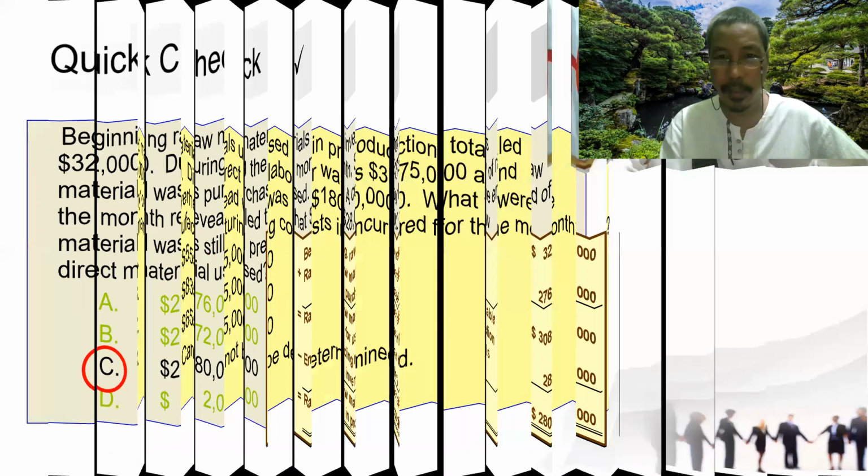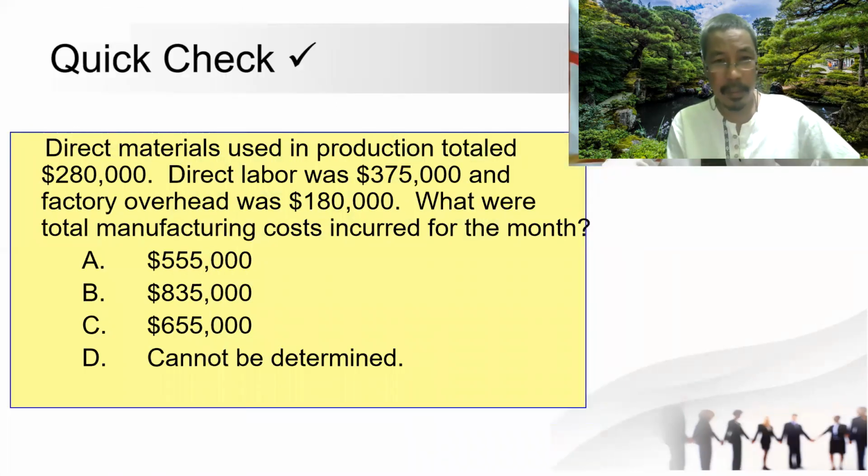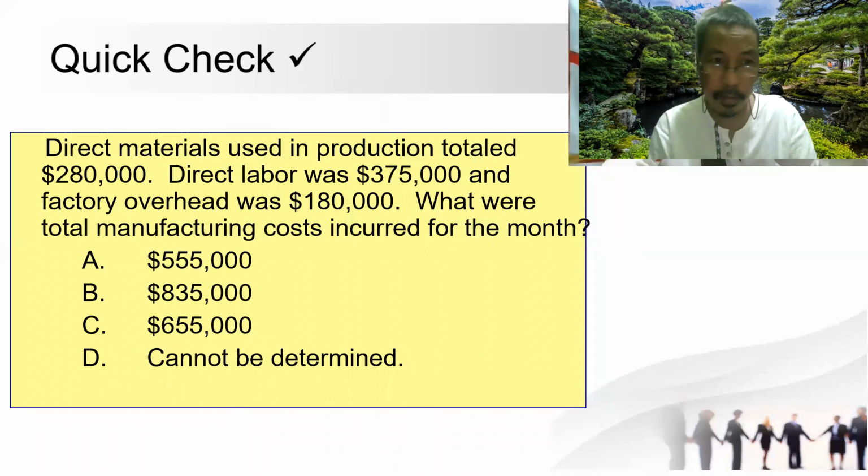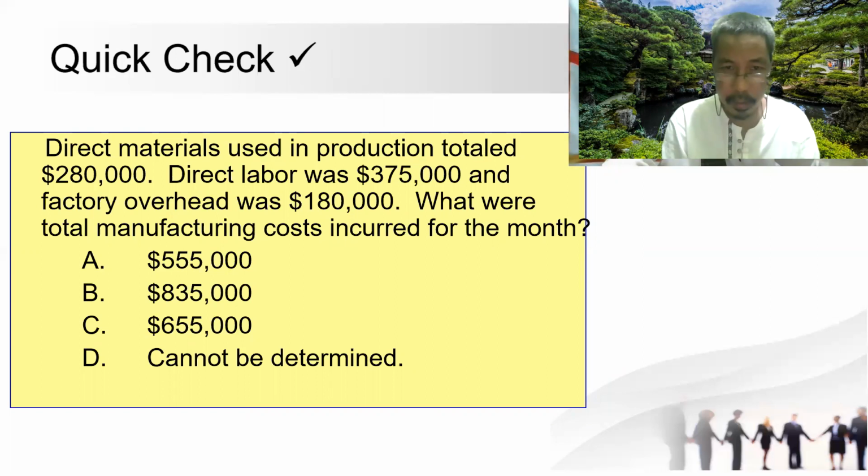Another example, direct material used in production is 280. This is the next step. Direct labor 375, so we have to add. And factory overhead 180. So we have to add 180 and 280, that is 460. 460 plus 375 is 835.